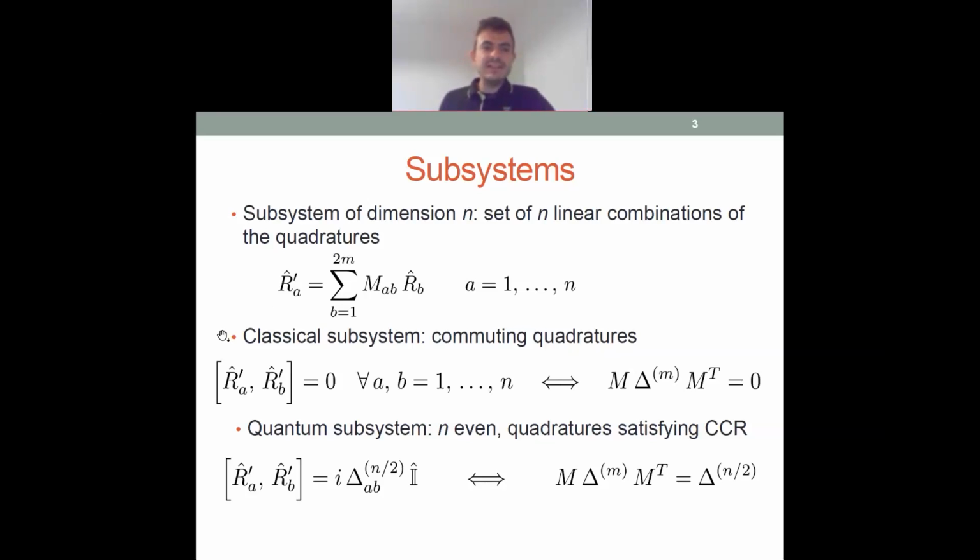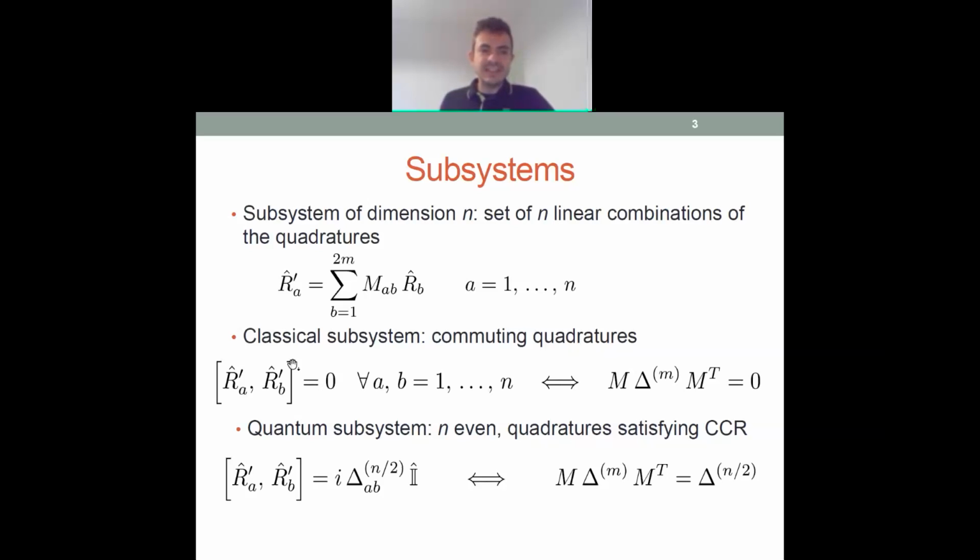And we will consider these two cases. The first case is what we call a classical subsystem. That is the case where all the primed quadratures actually commute. And if they commute, this means that they can be measured all together.